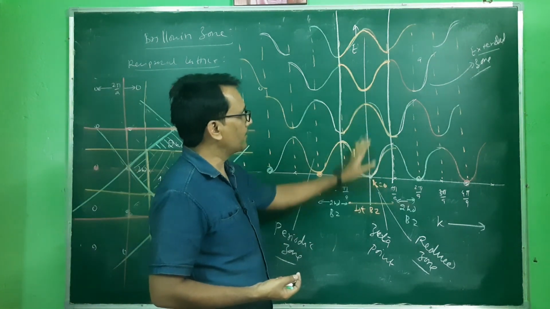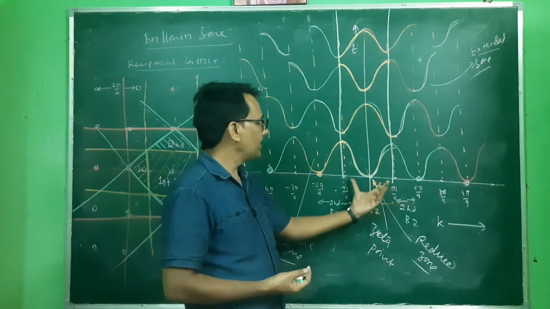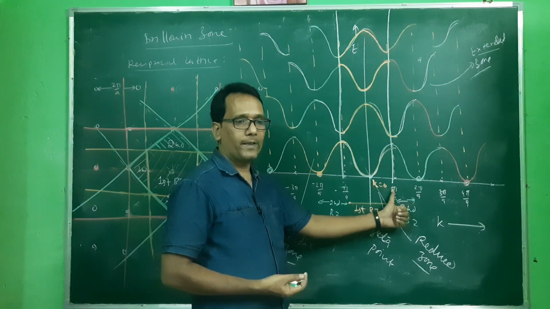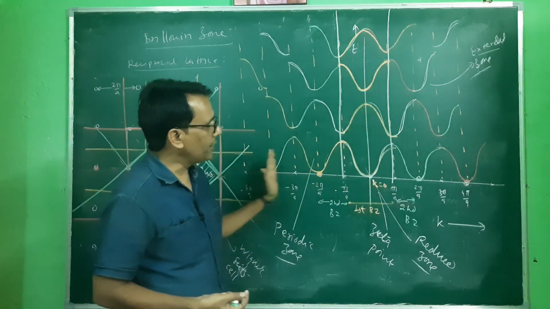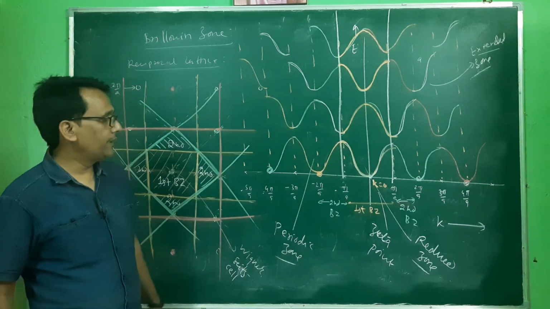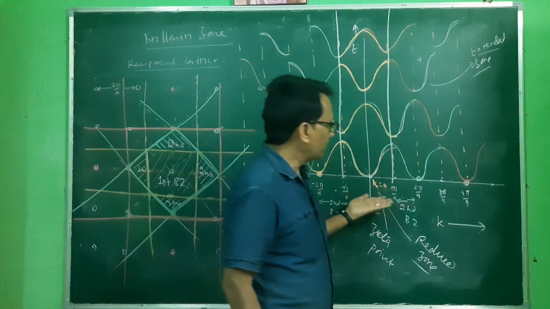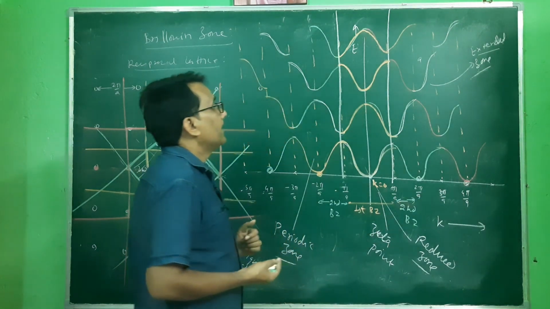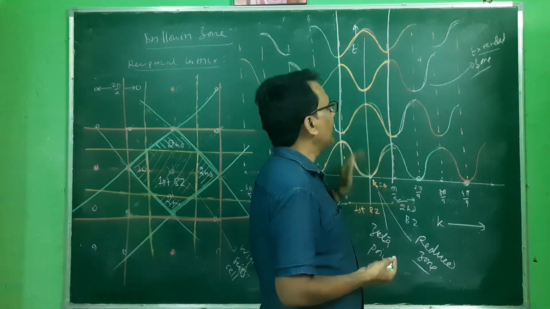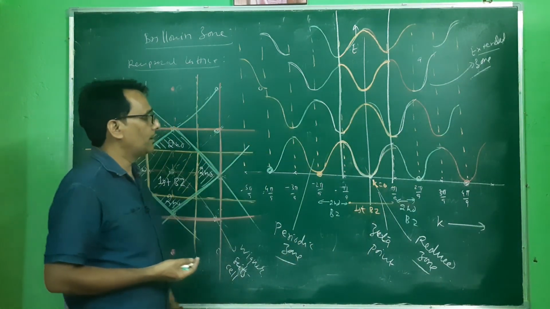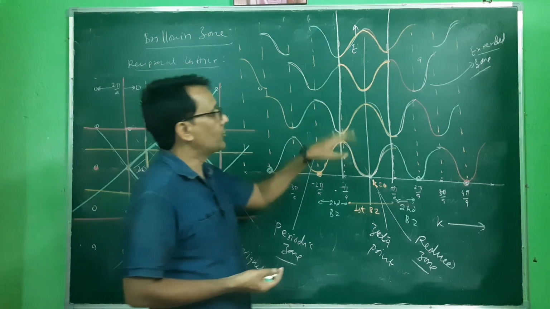That's why the diagram is given in very short form. Somewhere, if the periodic zone is needed, the complete structure is given, meaning several Brillouin zones are under consideration, and sometimes in several books the extended zone is mentioned. So I have included all these zones here.